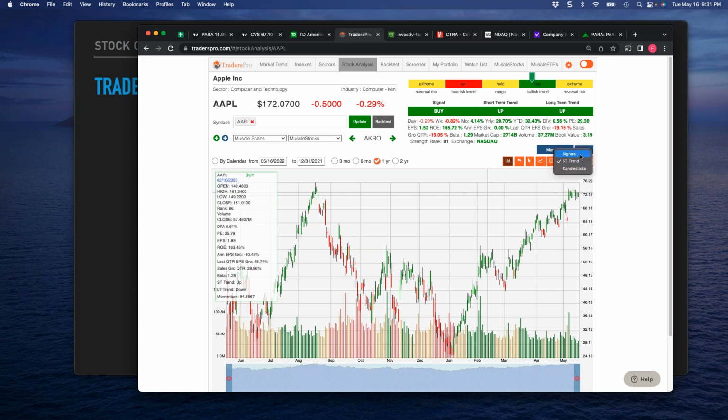The signals indicator changes the view again. It is also designed to try to identify trends, but over a longer period of time. Where the ST trend signal focuses only on bullish or bearish momentum, what this is trying to do is identify trends that can extend over longer periods of time.